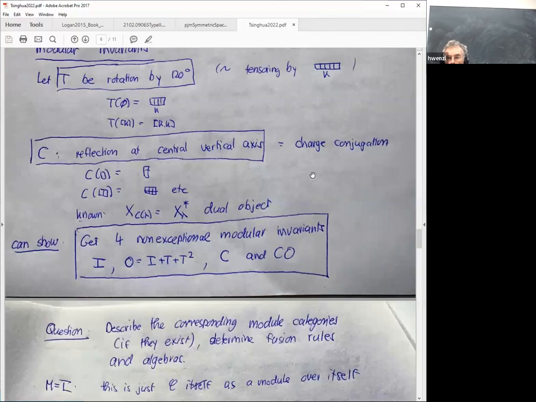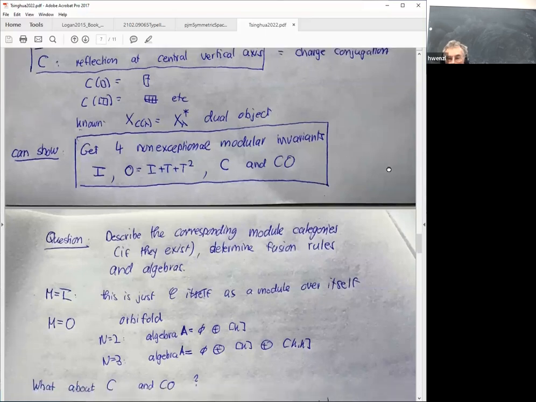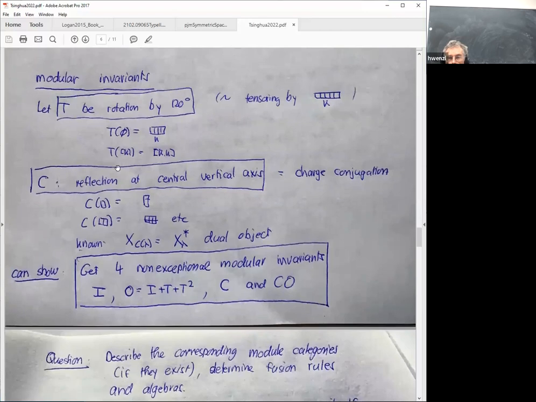Now, using these, we can get 4 non-exceptional modular invariants. One is, of course, the identity. Then the second one, which I call O, is where we average over the rotations: the identity plus rotation plus T squared. Then we have C, the reflection at the central vertical axis.